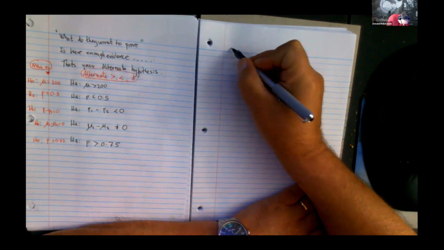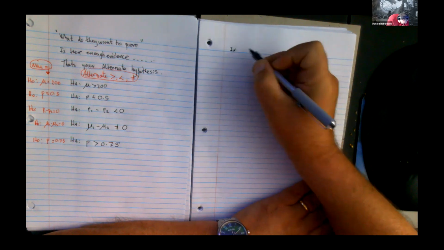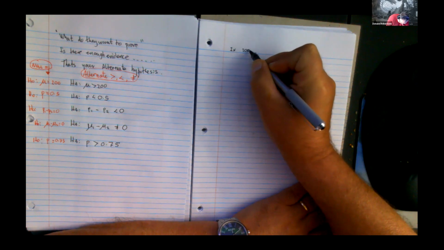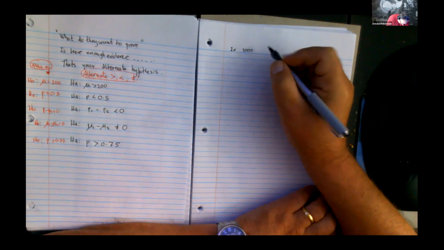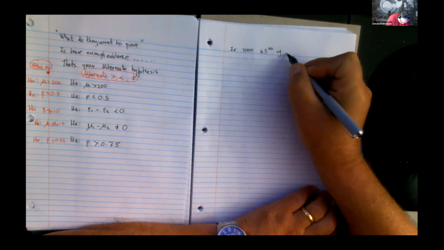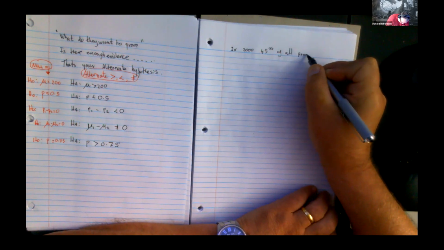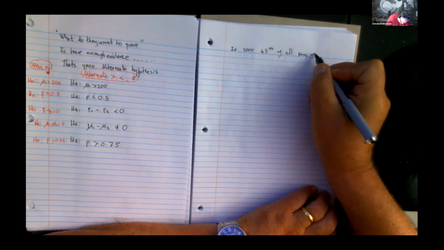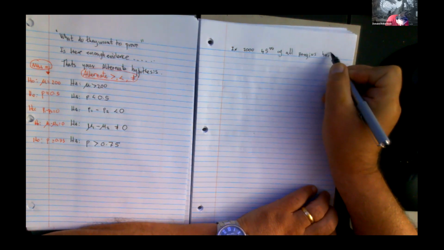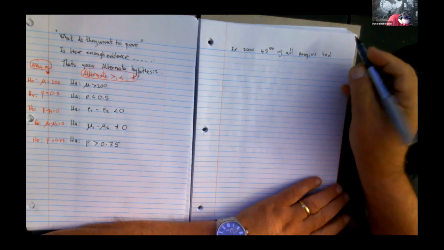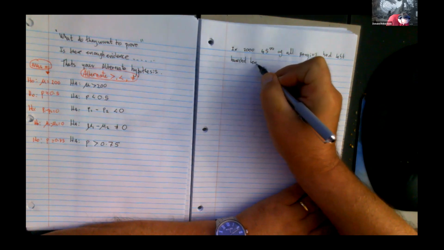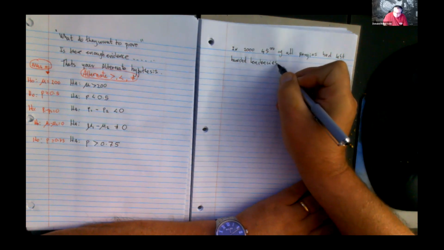Okay. Totally made up numbers. In the year 2000, 45% of all penguins had left-handed tendencies.